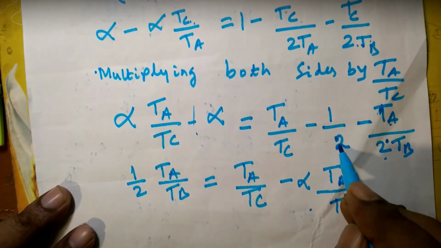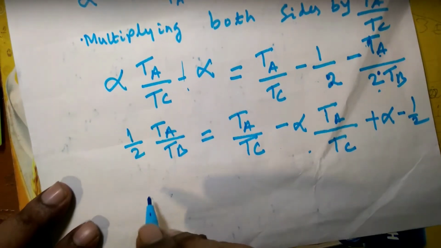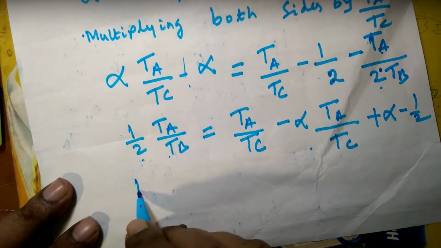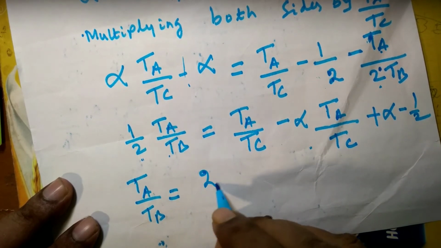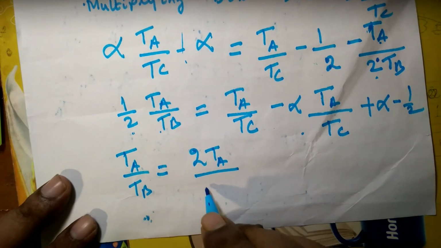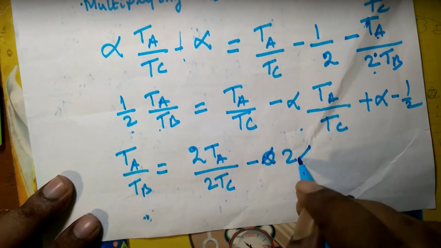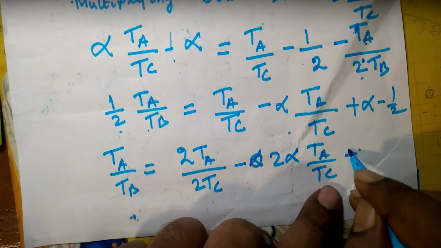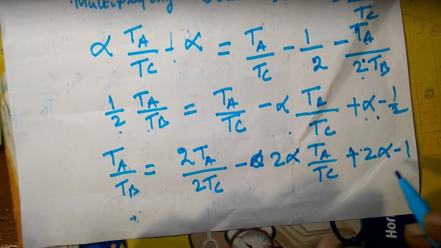Alpha on being brought to this side will be plus alpha minus 1 by 2. On multiplying both sides by 2, I will get TA upon TB is equal to 2TA by TC minus 2 alpha TA by TC plus 2 alpha minus 1. 2 into alpha minus 2 into 1 by 2, that is 1.